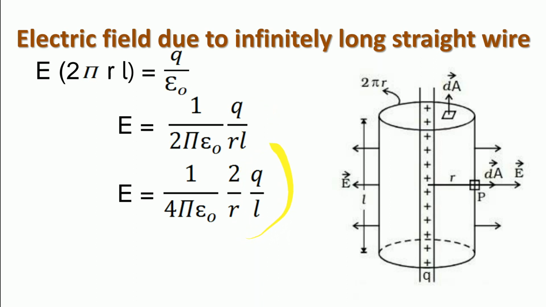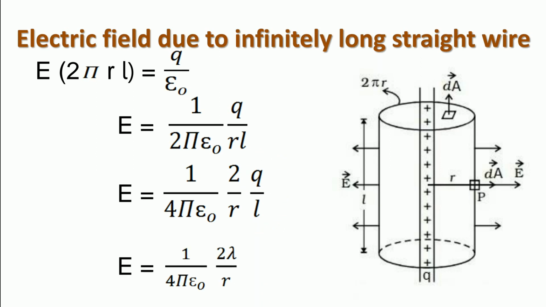Watch this Q upon L. This is the charge upon length. We have read about some charge densities. Q upon L was the linear charge density, which we represent with lambda. Q upon L is the charge present per unit length, which is termed as linear charge density and denoted as lambda. So we can put this Q upon L as lambda right here.